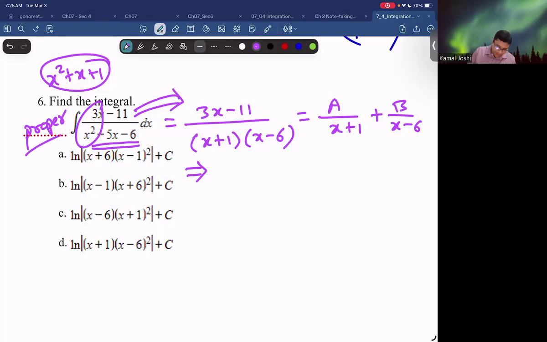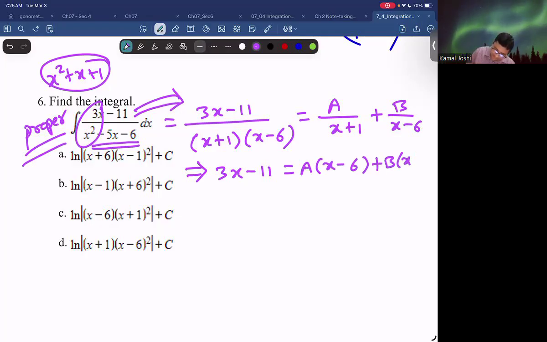Because it is proper, by the way, please note that, I didn't have to do any polynomial division. I can factor the denominator, write it in that form in the partial fractions, and then cross multiply. 3x minus 11 equals a times x minus 6 plus b times x plus 1.